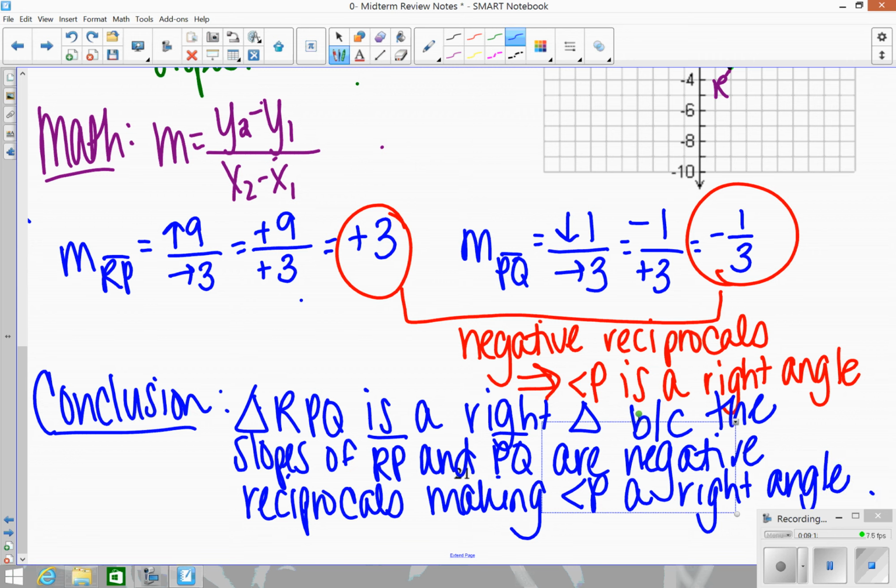So that's it. So your conclusion doesn't have to be exactly like that, but you do need to say that you have a right angle, so it's a right triangle, and it's a right angle because the slopes are negative reciprocals.